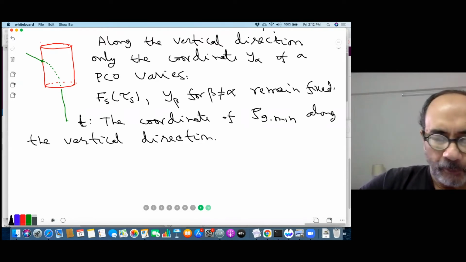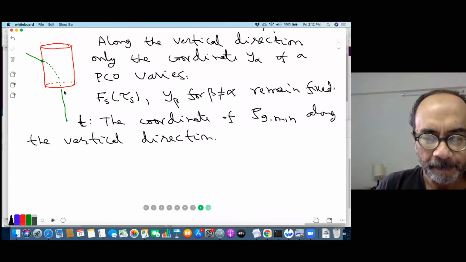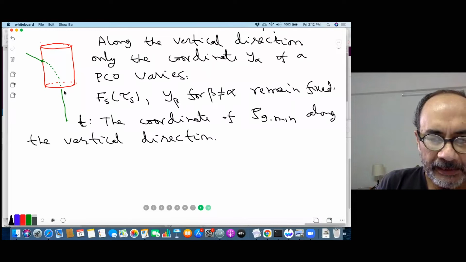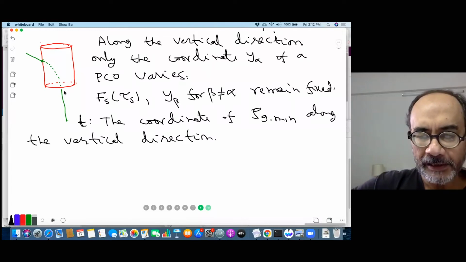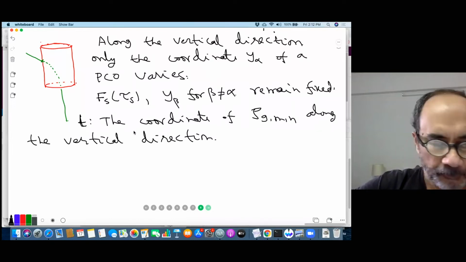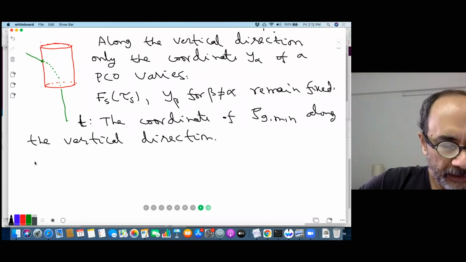So to do this, you have to find the t dependence of the integrand. Now, the t dependence is essentially coming because y alpha depends on t. Nothing else depends on t.